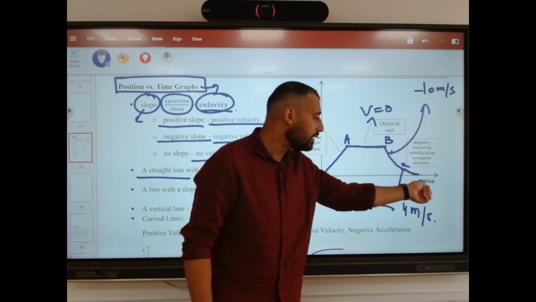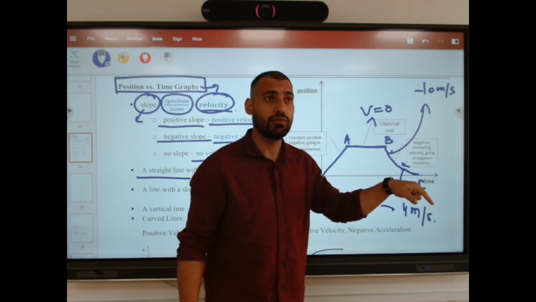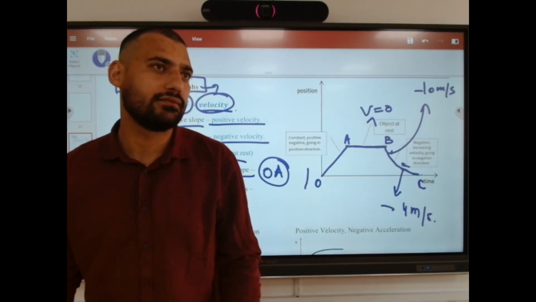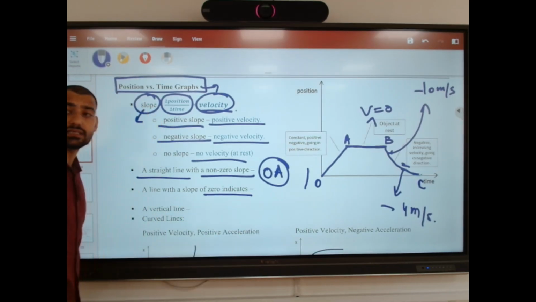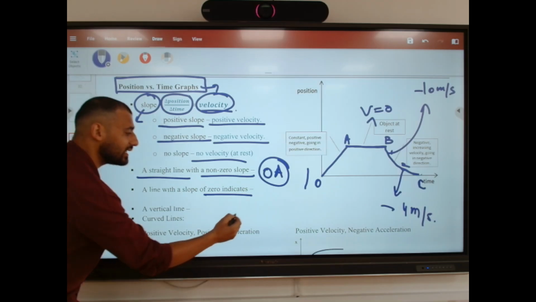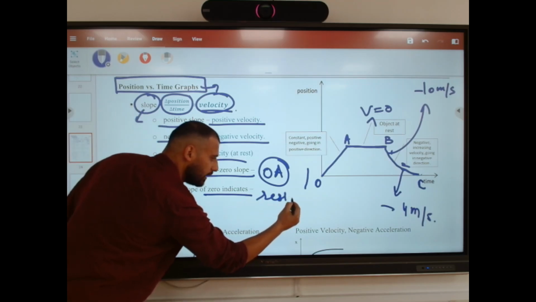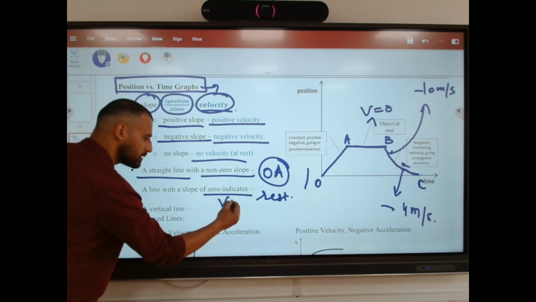From B to C we again have a non-zero slope, but it is negative and it is not a straight line, isn't it? Good. A line with a slope of 0 indicates what? Exactly, it indicates rest. It indicates zero velocity. Very good.